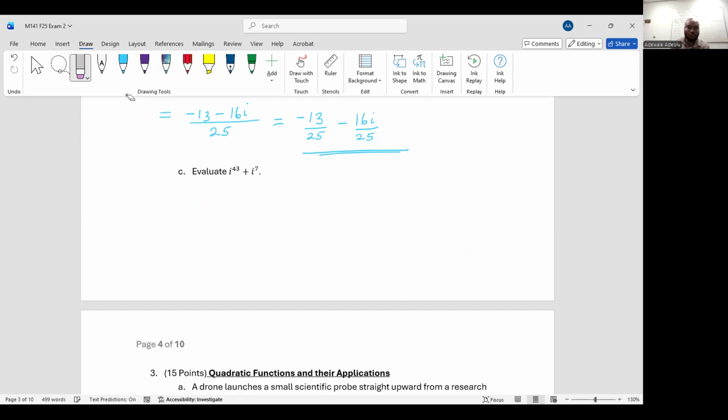So what can we do? Let us find this. Remember, we can write this as 4 times 10 plus 3. We know that i raised to the power 4 is 1, so which is 1 raised to the power of 10.